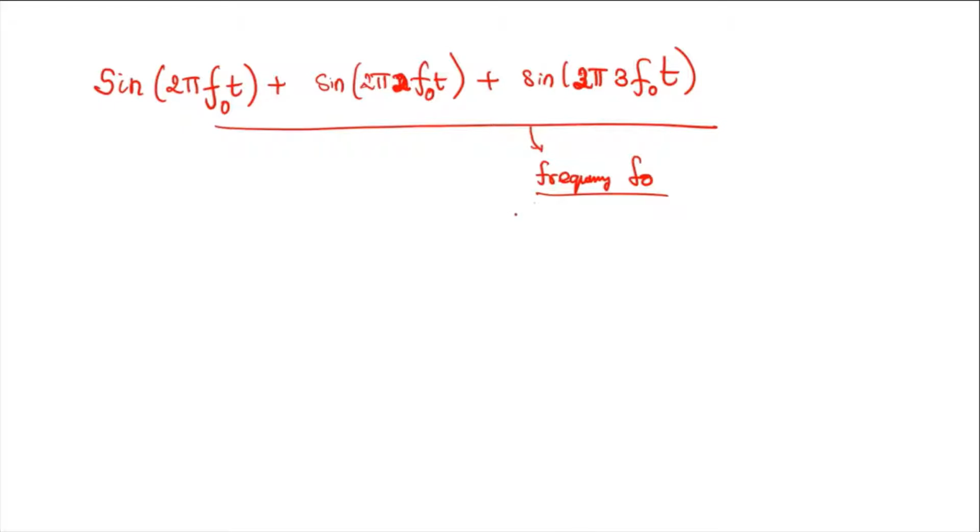Basically what I'm trying to say is that the time period Tp equals 1 by f naught. That is, you add as many sine waves as you want.